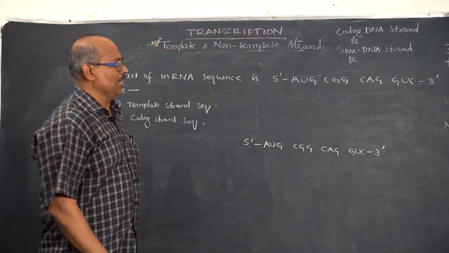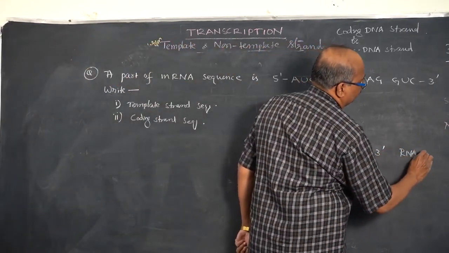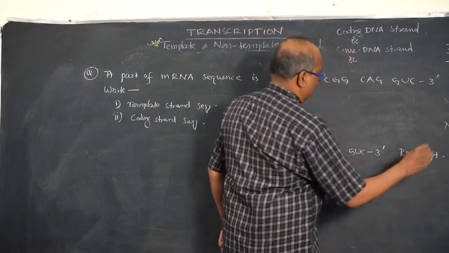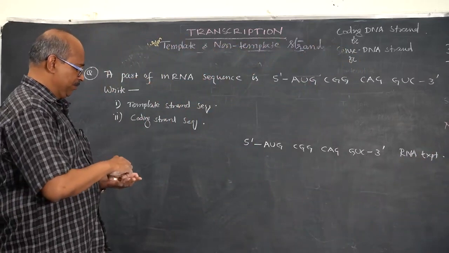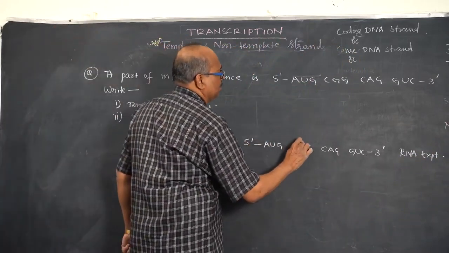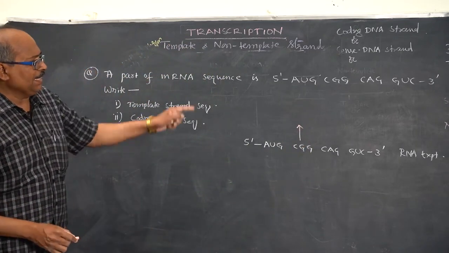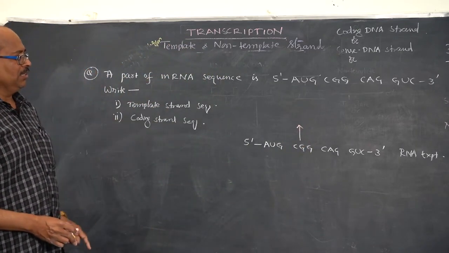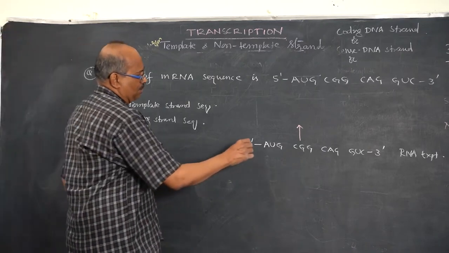So this is the RNA transcript. Now we can write the coding strand by directly copying down that and replacing U's with T's.